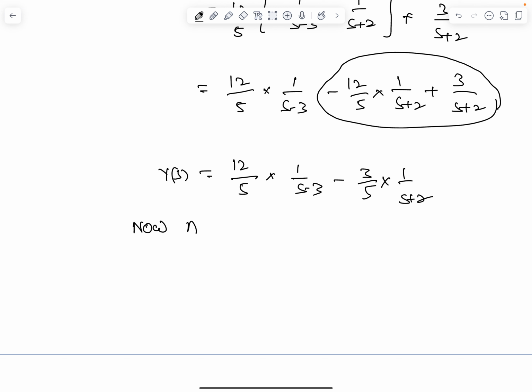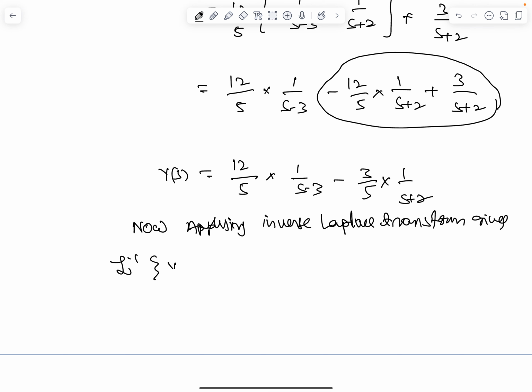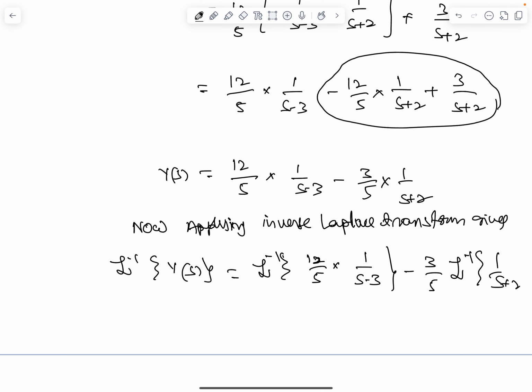Now, applying inverse Laplace transform. Inverse Laplace transform of capital Y of s, inverse Laplace transform of 12 by 5 into 1 by s minus 3 minus 3 by 5 into inverse Laplace transform of 1 by s plus 2.